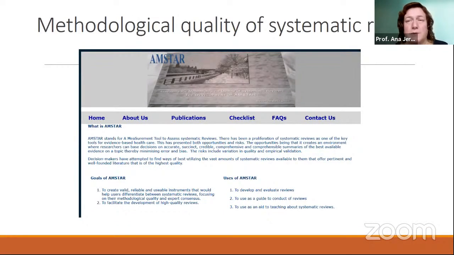And that is the problem, because the scientific paper that we look at as the top of the hierarchy of evidence could actually have a lot of problems.